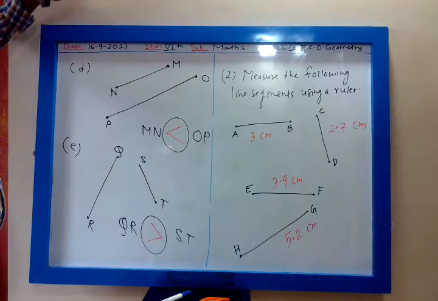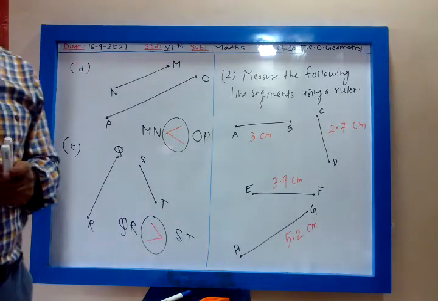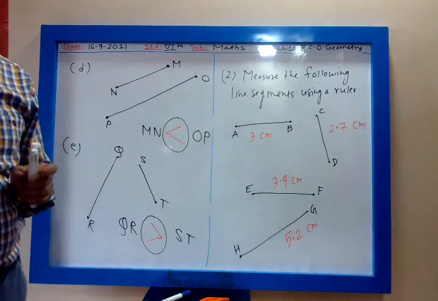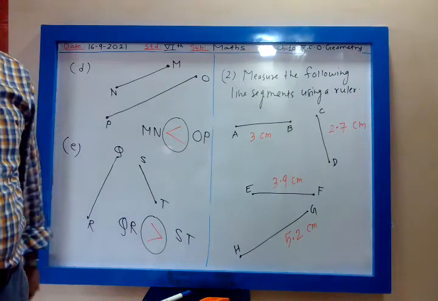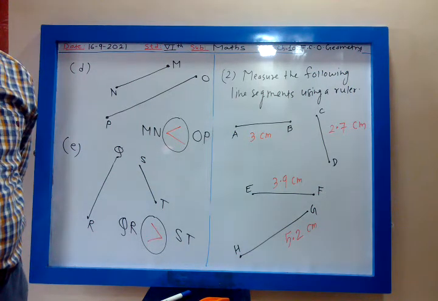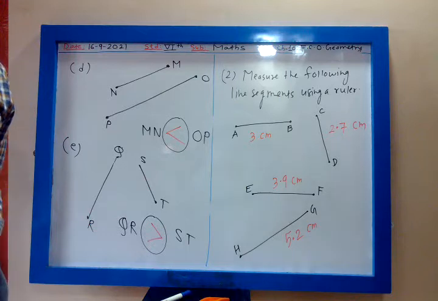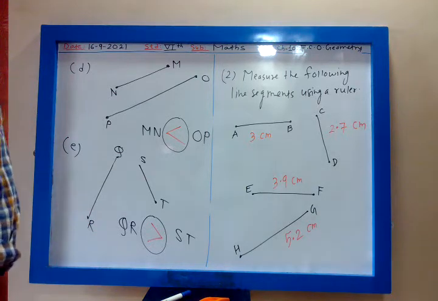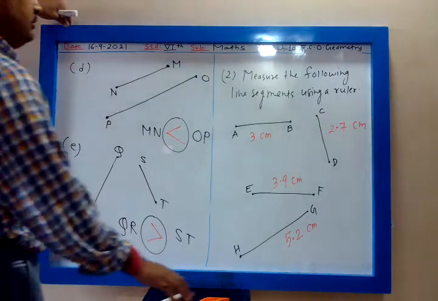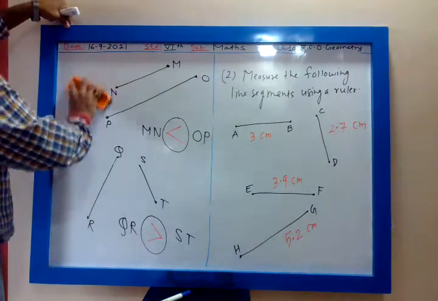Chalo, let us do now. See here, the construction part is not there in your course. So third, fourth, and fifth are omitted. Is it clear? Construction part is not there.